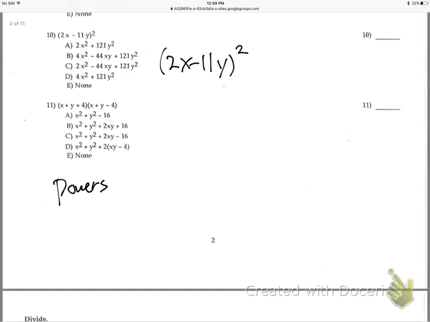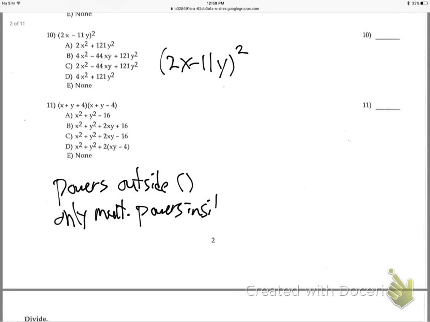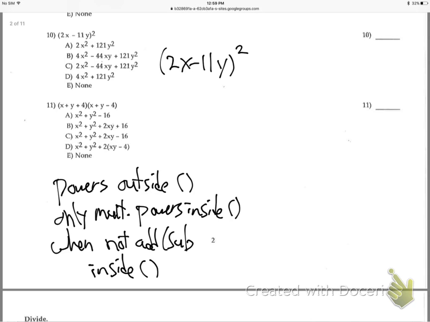That's right, plus or minus. Powers outside parentheses only multiply powers inside parentheses when there's no adding or subtracting inside the parentheses.